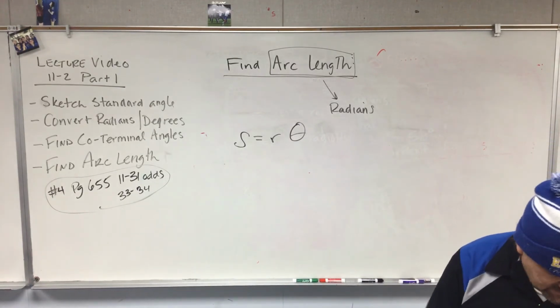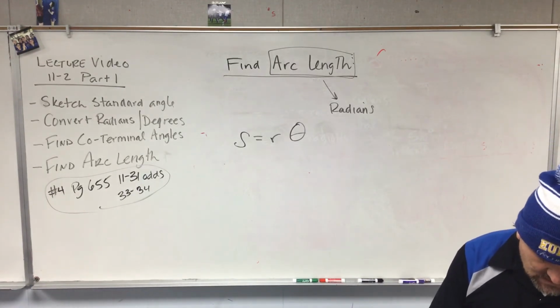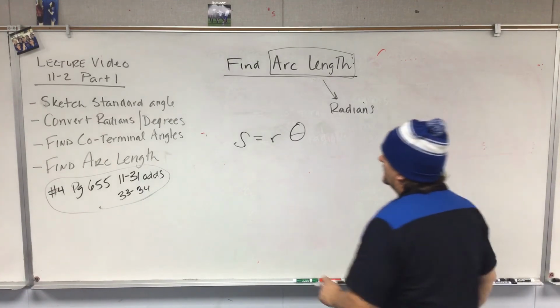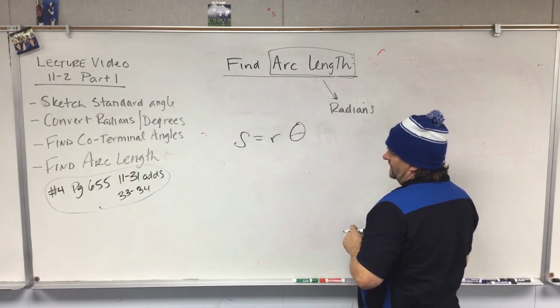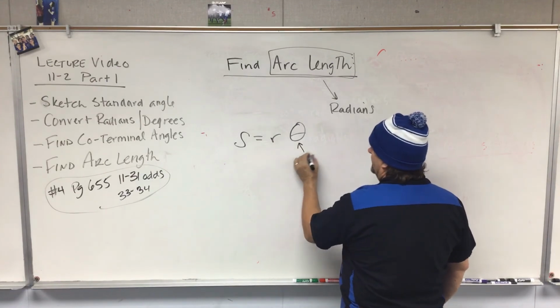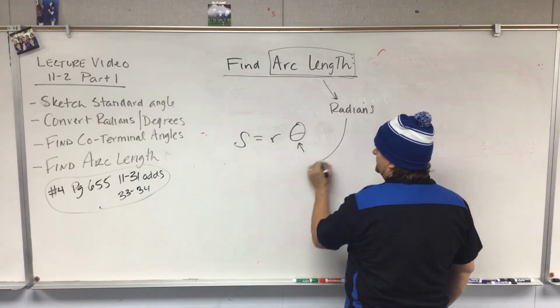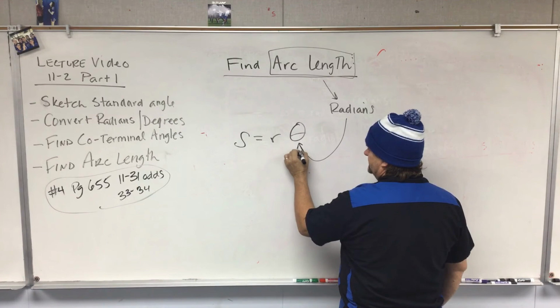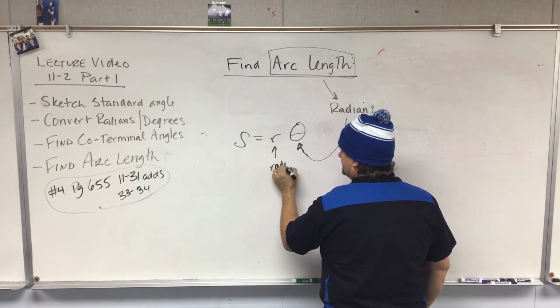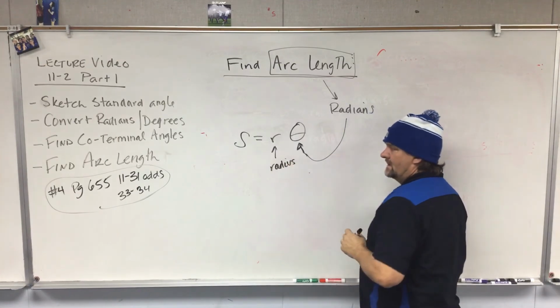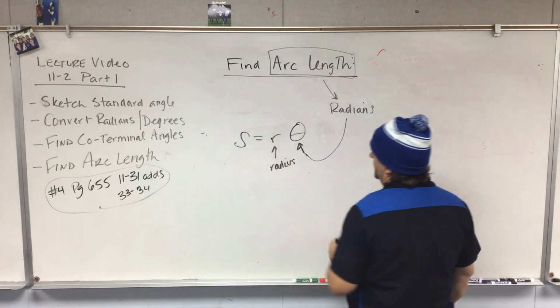Okay, so this is my radians, that's in radians. This is my radius. And then all I need to do is multiply those together.